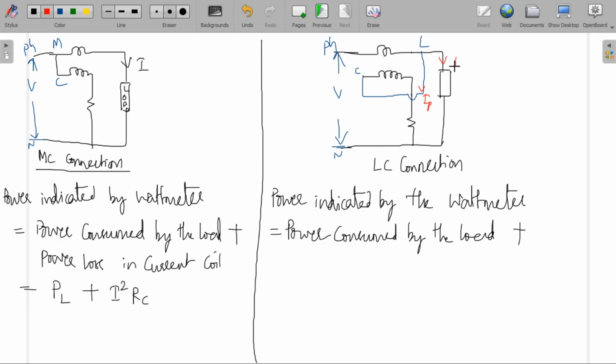The current which is flowing through the load is I. Now the current which is flowing through this is I plus IP.